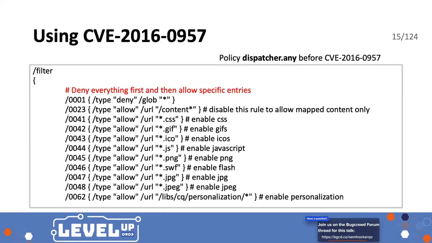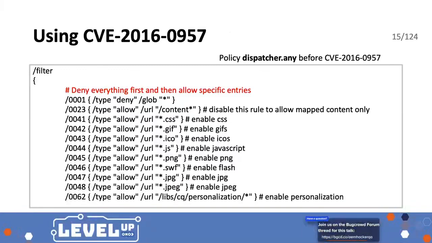Let's start with CVE. Here you can see minimal dispatcher policy that was recommended by Adobe before CVE. This policy is too restrictive. Usually you extend it by adding rules that allows custom requests. Policy contains rules that are applied sequentially to the incoming request.